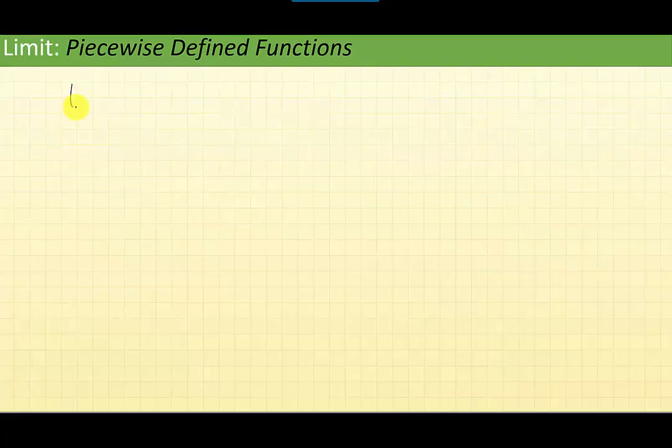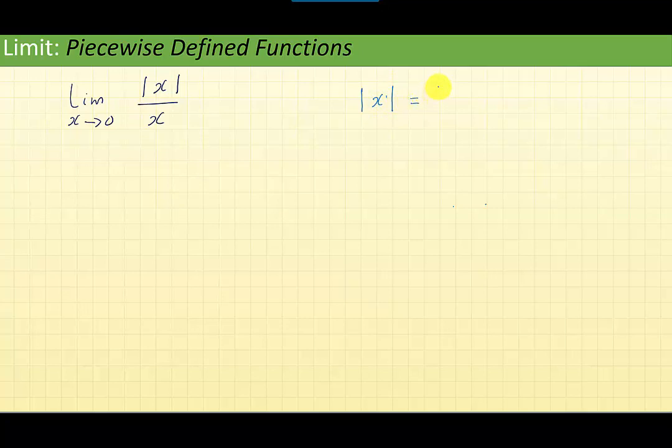Let us find the limit as x approaches 0 of the absolute value of x over x. Now, we know the definition of the absolute value of x. The absolute value of x is negative x if x is less than 0, and x if x is greater than or equal to 0.